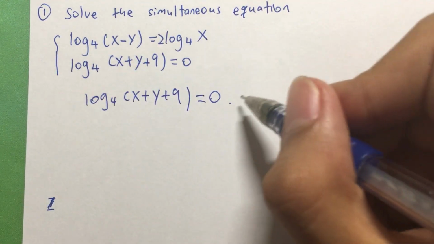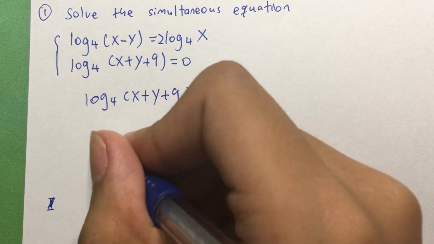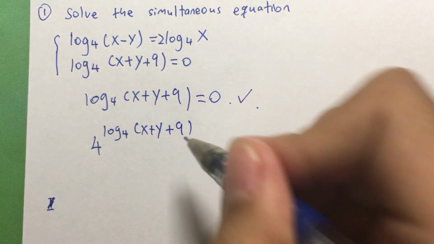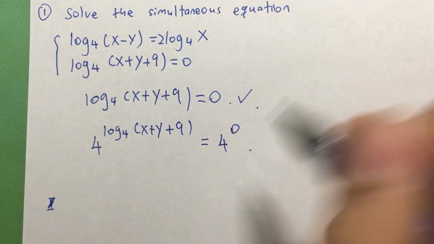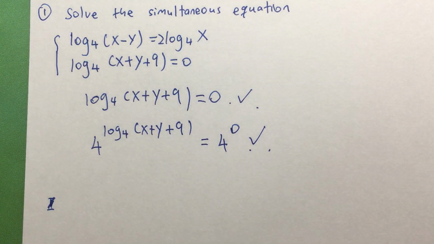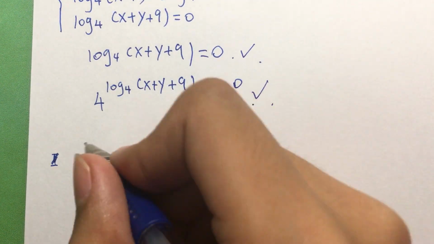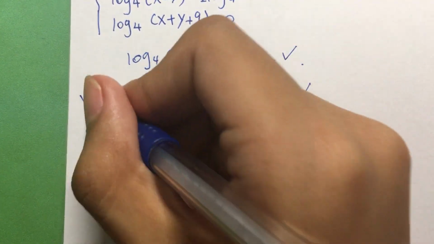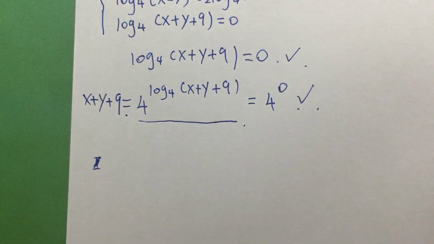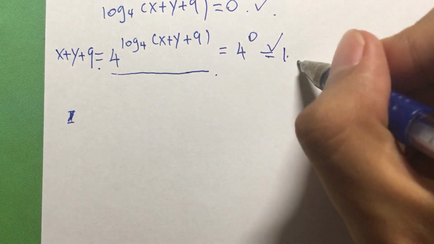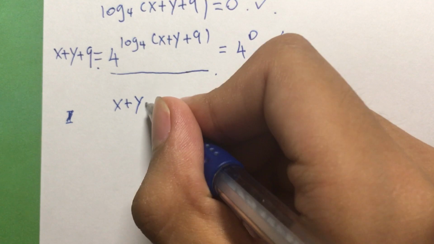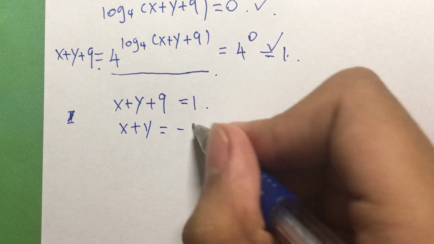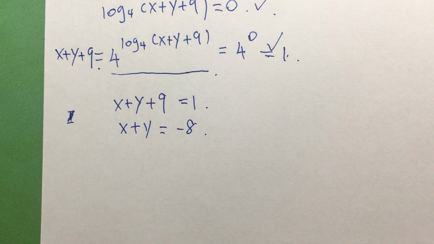And if this is correct, then 4 to the power of log 4 of (x plus y plus 9) is equal to 4 to the power of 0, right? That is also correct. This means, well, we have learned that this one is equal to x plus y plus 9, and this one is equal to 1, which means x plus y plus 9 equals 1, and x plus y equals negative 8. That looks more comfortable, right?